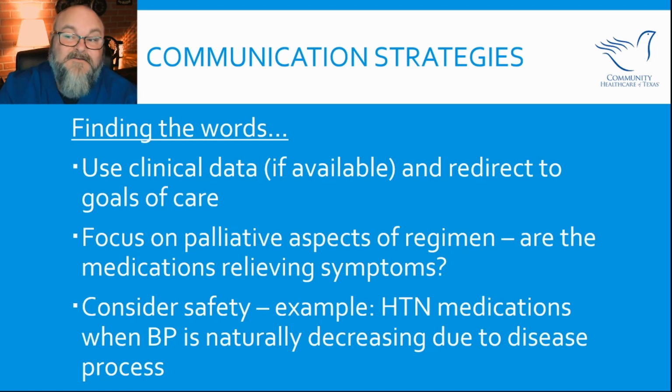Focus on palliative aspects of the regimen. Are the medications relieving the symptoms? So are the medications that the patient's on right now, when we look at a medication list, when we pull those medications out and put them on the dining room table, right, and we're looking at them with the family and the patient, are those medications helping us to achieve the goal of palliation of symptoms?